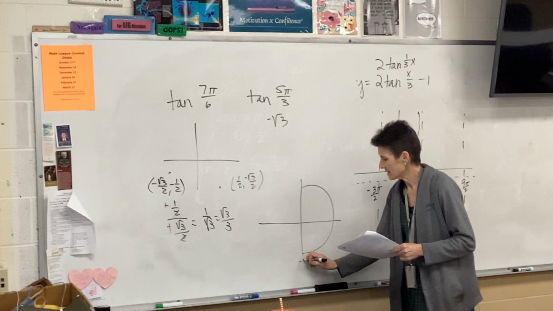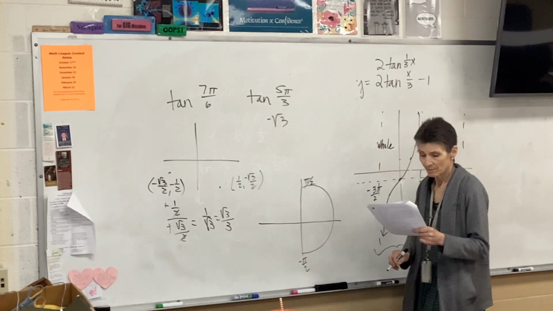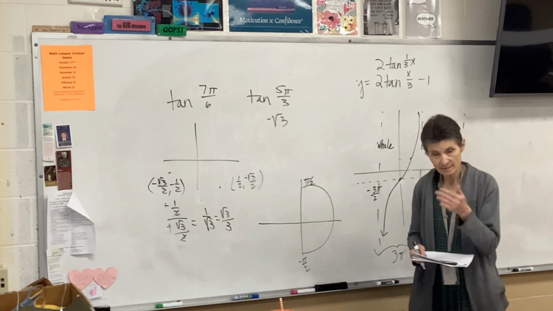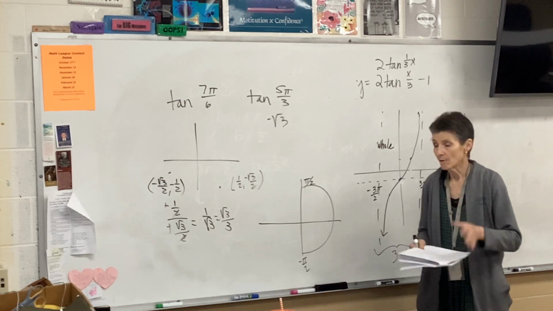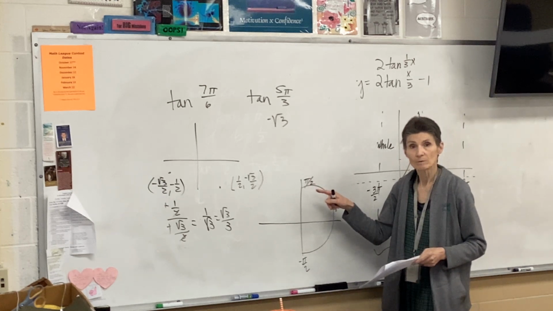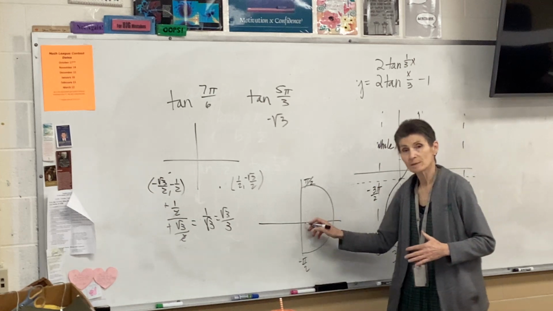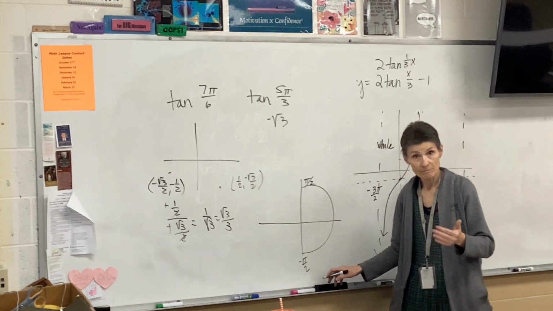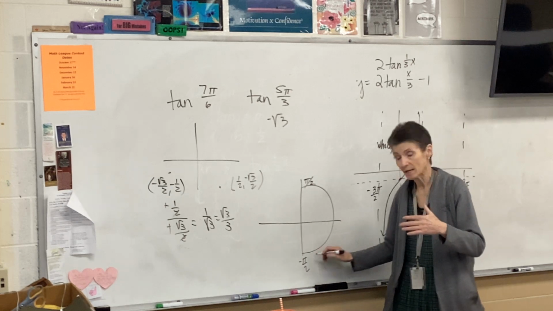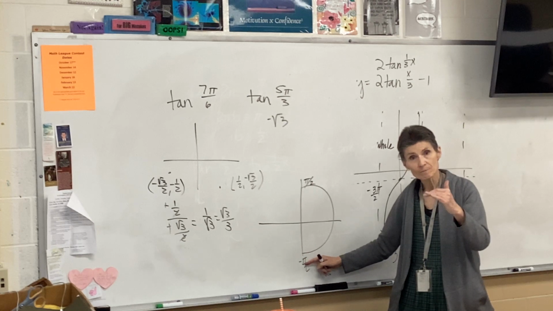Next question says, explain why the tangent is always increasing from negative pi over 2 to positive pi over 2. Well, this is easy, guys. What's the slope down here? Undefined. But it's undefined because as you get closer to that, the slopes are getting bigger and bigger negative.